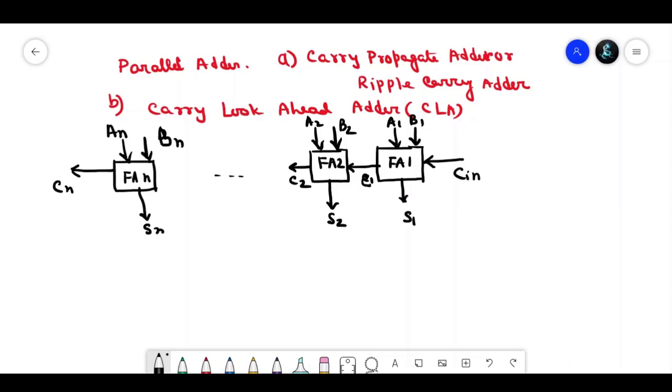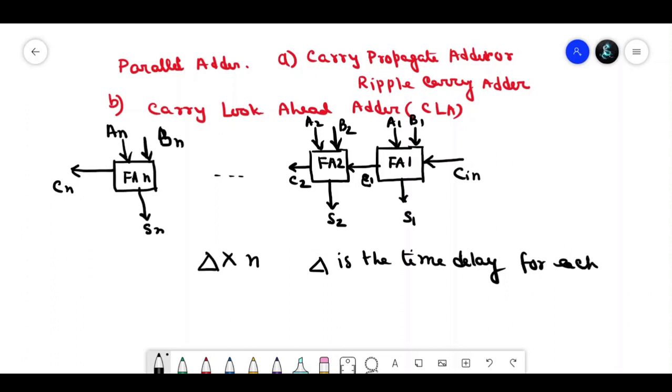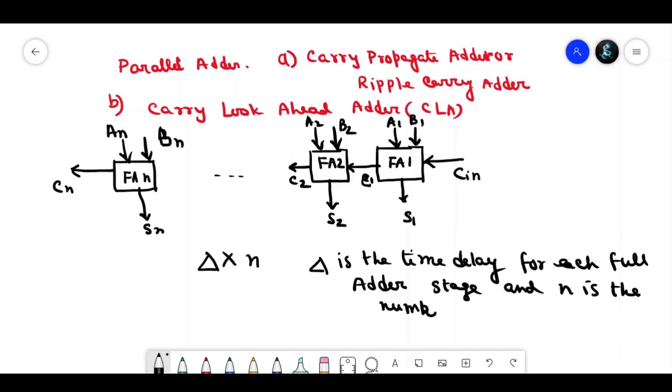Therefore, the maximum propagation delay for an n-bit carry propagate adder will be del multiplied by n, where del is the time delay for each full adder stage, and n is the number of bits in each operand.